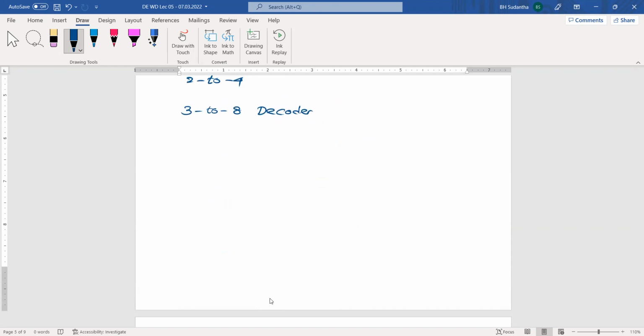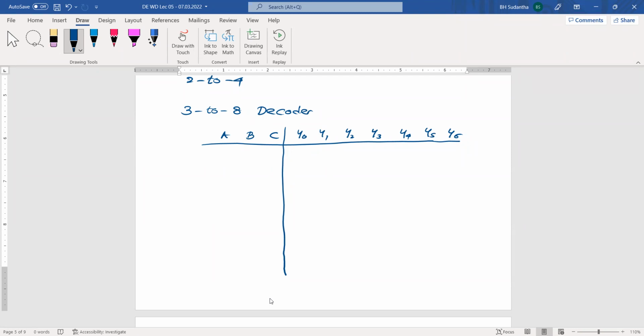Okay, then can you guess the truth table? How many input columns are there? 3. And how many output columns are there? 8. What are those? Y0, Y1, Y2, Y3, Y4, Y5, Y6, Y7. Okay. And there is a pattern. You can find this pattern when you look at the previous one.